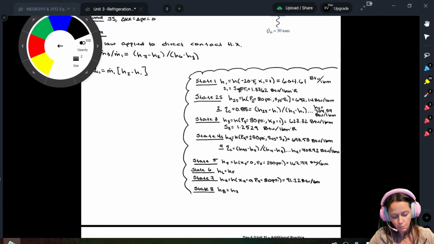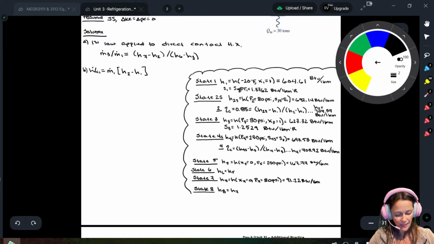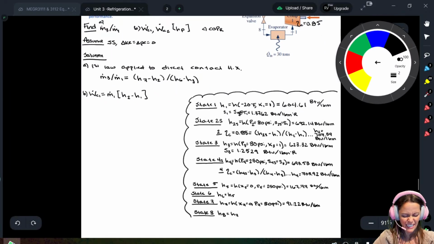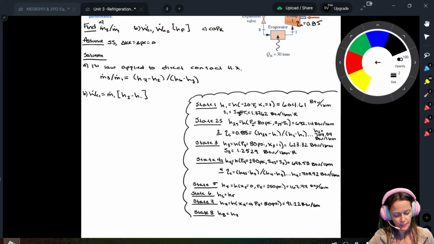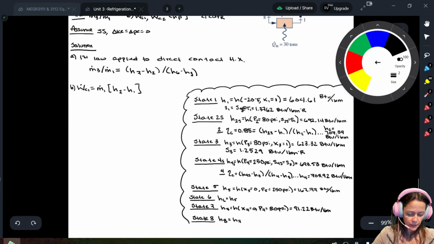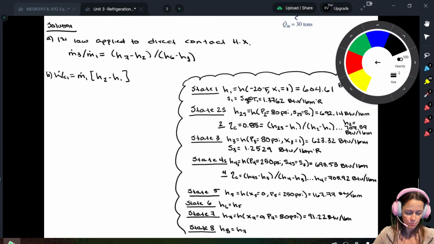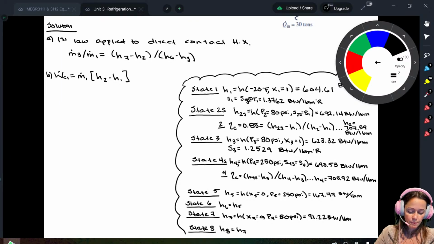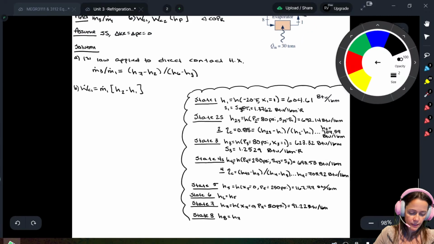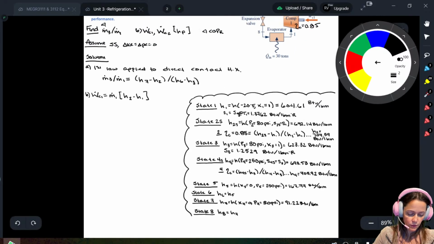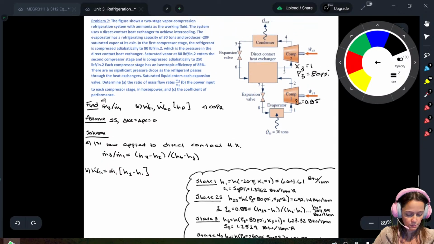That's the most annoying part. Now I can go through and figure out the other stuff that I don't know. I wanted to find the power input for that first compressor. I've got the H2 and H1 values, but I don't actually know m dot.